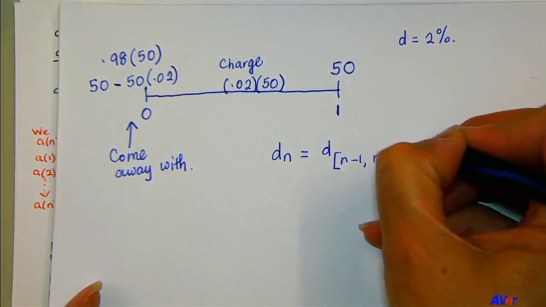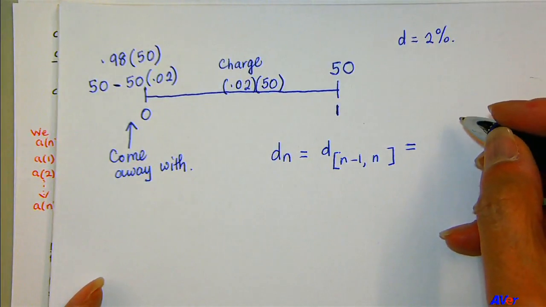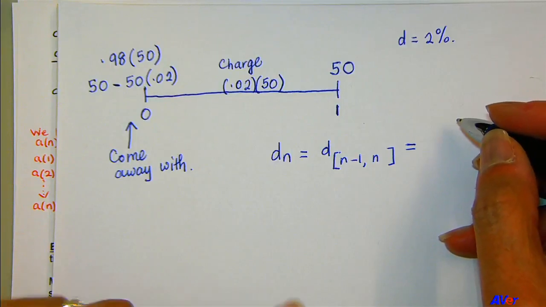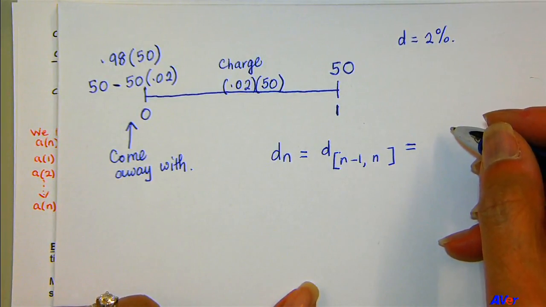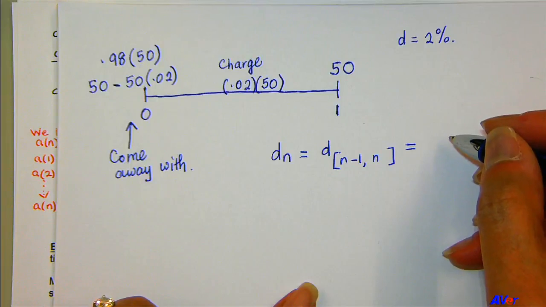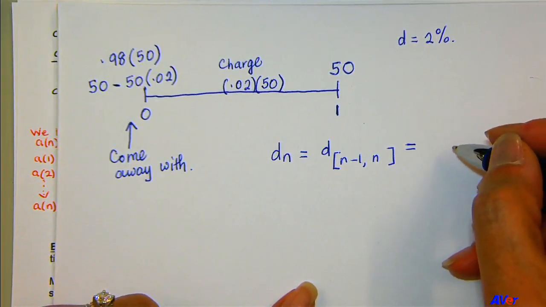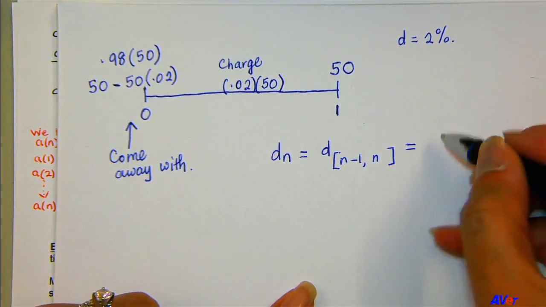And what was the expression for this dn last time? Tell me in your own words, what does this mean, dn? The discount rate in the nth period, which stretches from time n minus 1 to time n, is given by what expression? The change over the original.